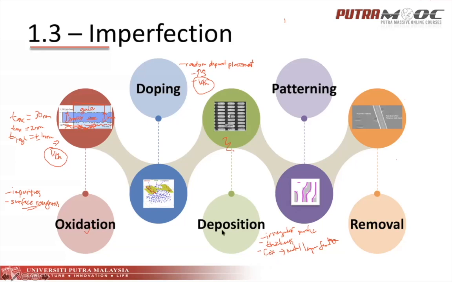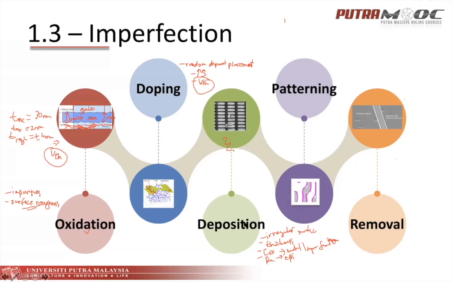If, let's say, you deposit the epitaxial layer, we know the epitaxial layer is introduced before we start fabricating our transistors. So that could also vary the resistivity in the epitaxial layer, and this could introduce different mobilities for the electron to move from the source to the drain terminal.